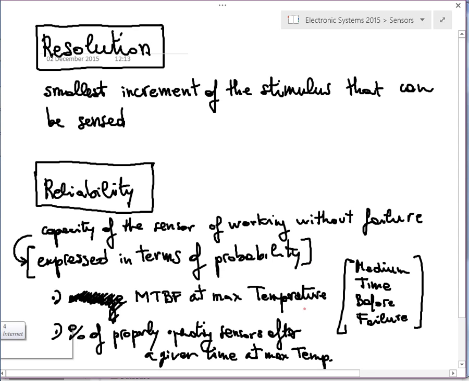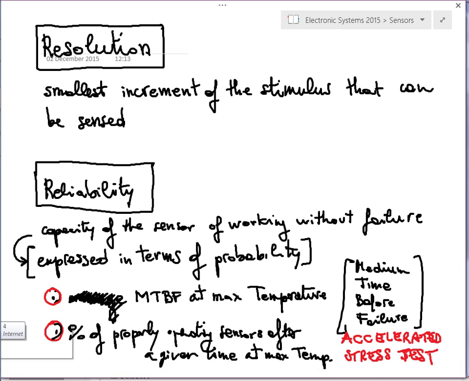Just as a note here, typically these statistical measurements of reliability are done in very particular conditions. They are all typically done with accelerated stress tests. Because really one cannot wait a few thousand hours in order to verify if the device is working or not.